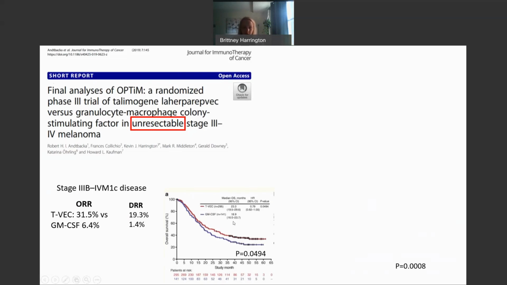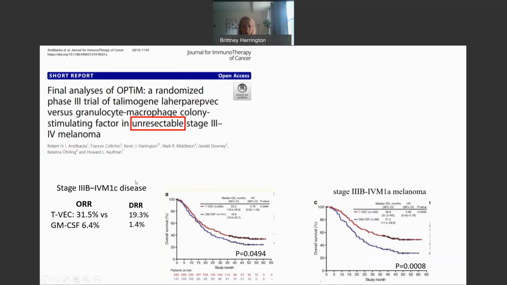And the range is 16 to 23. So you get a really durable, strong, statistically significant response in these patients. So that was in all patients.